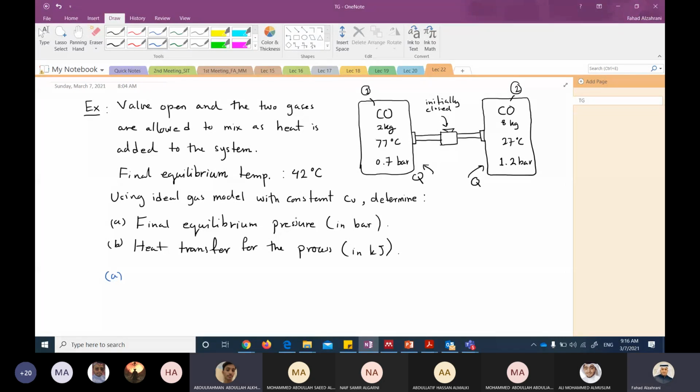The ideal gas model. What is the ideal gas model? You don't know the ideal gas? PV equals mRT, what about it? This is the ideal gas model. Doctor, we are going to use this equation to solve, right?